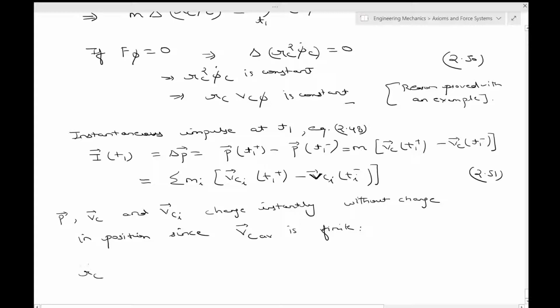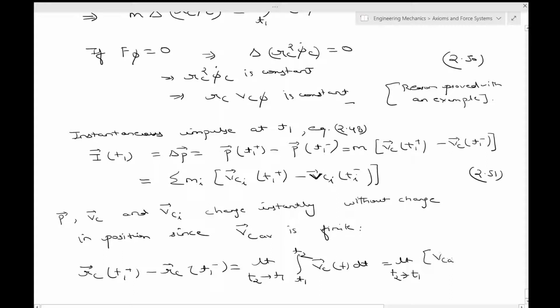Now let's see this: RC of T1 plus minus RC of T1 minus is equal to the limit of the integral from T1 to T2 of VC of t dt, equal to the limit of T2 tending to T1 of VC F times (T2 minus T1).